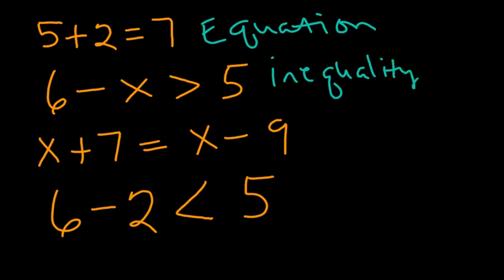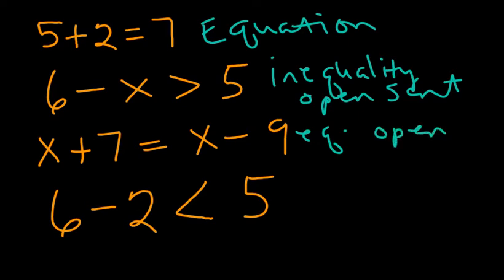It's also an open sentence because it has a variable. The third example is an equation. It's got an equal sign, and it's also an open sentence. It has variables. The last one is an inequality. It uses one of the 4 inequality signs, but it's not an open sentence because it doesn't have any algebra in it, no variables.